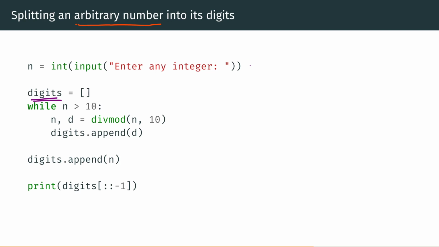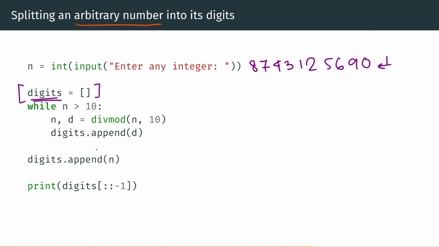Maybe the user enters a big number, like 8, 7, 4, 3, 1, 2, 5, 6, 9, 0. That's what the user chooses to enter. Now I create initially an empty list using this syntax right here, remember? Now what we do is I run this loop.